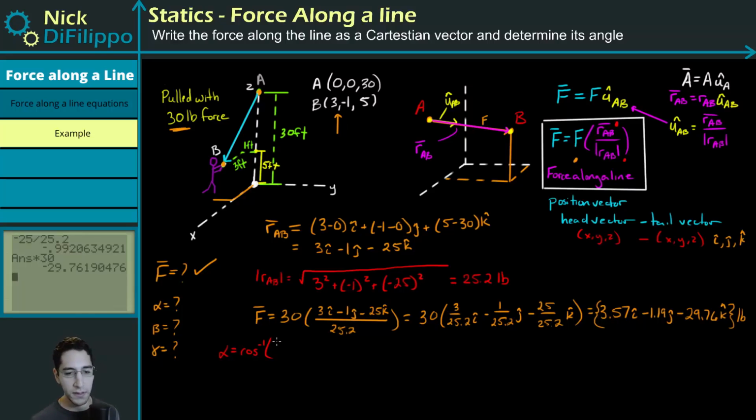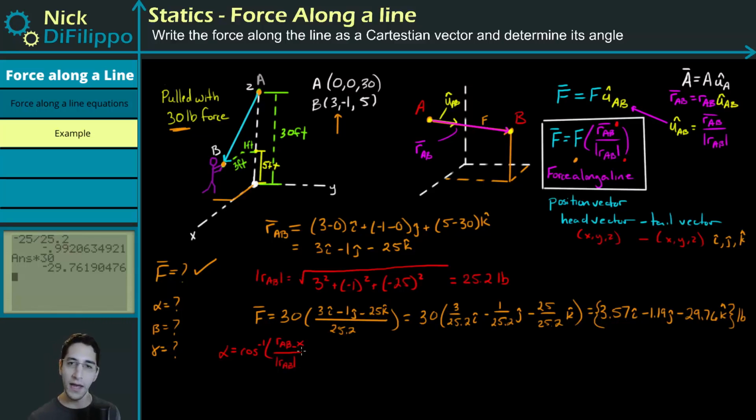So this could be F_x over F, or what we can use and we should use is this, because it points in the same direction as F. So we're going to have the x component of this R_AB over that magnitude.